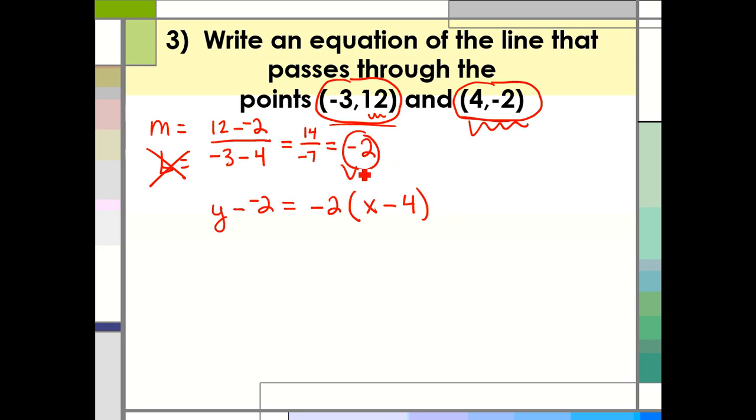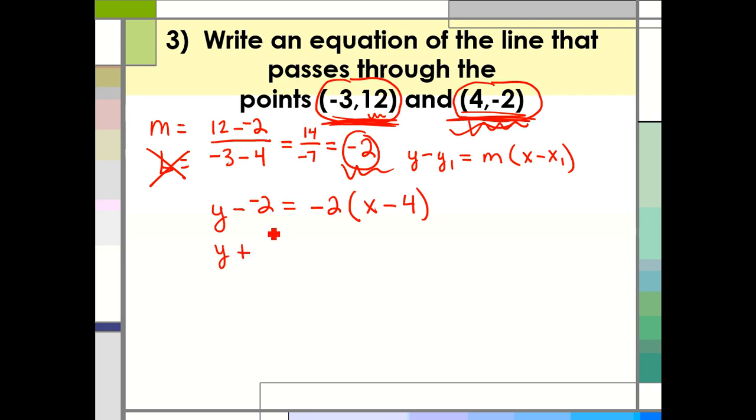When you have a slope and a coordinate, remember you can use this point-slope form: y minus y1 equal to m times x minus x1. So when I plug in my values, and you can use either coordinate, it doesn't matter which one you pick, I picked the second coordinate. So when I plug those in, go through and clean it up.